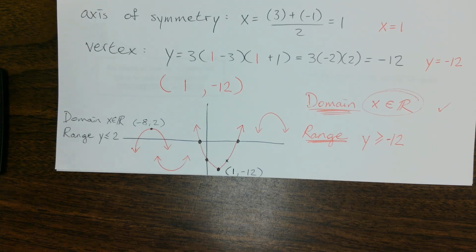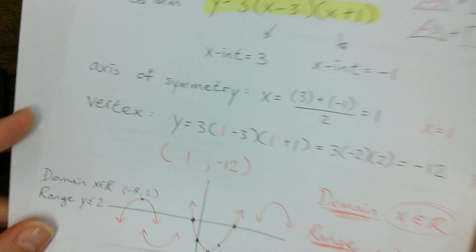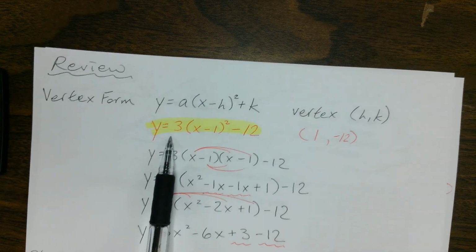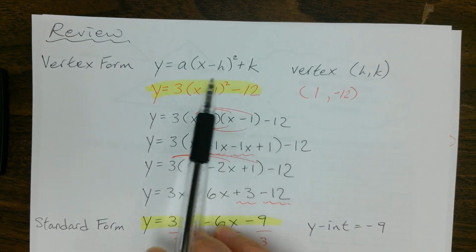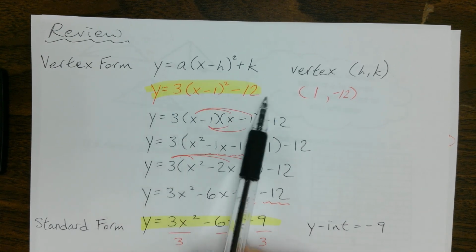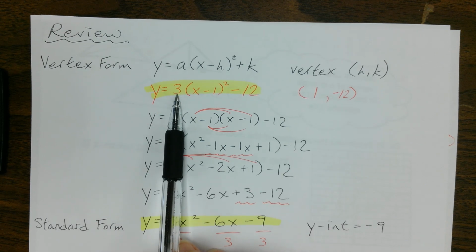Okay, so I'm kind of combining everything that we've learned together into this example. Transformation description. What happened here? The 3 tells you it's a stretch of 3.